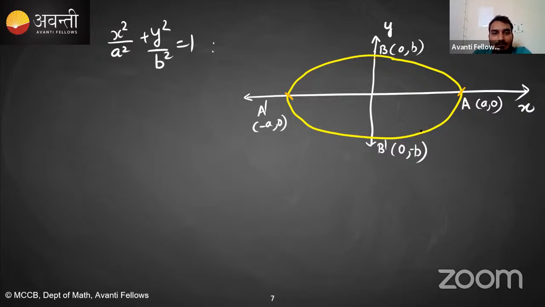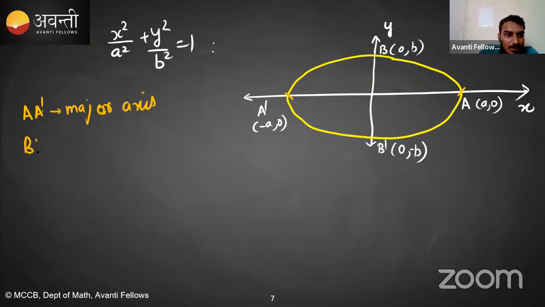Is this clear? Okay. So students, this A A dash is known as the major axis. And this B B dash is known as the minor axis. Can anybody tell me the length of the major axis?